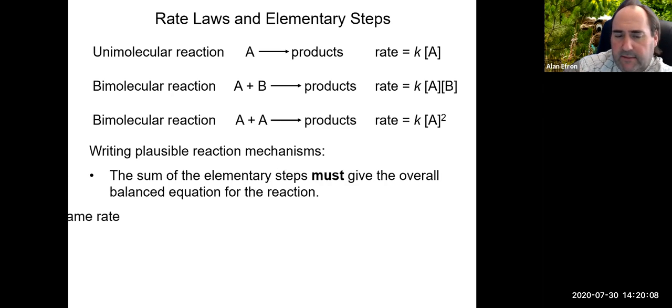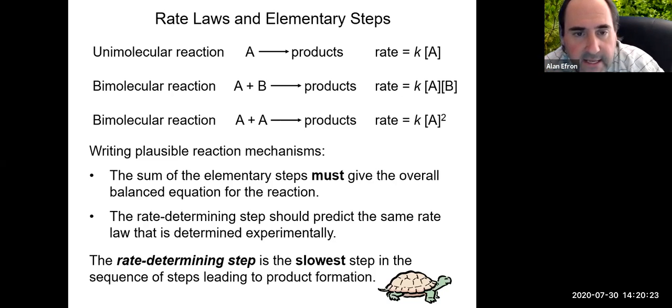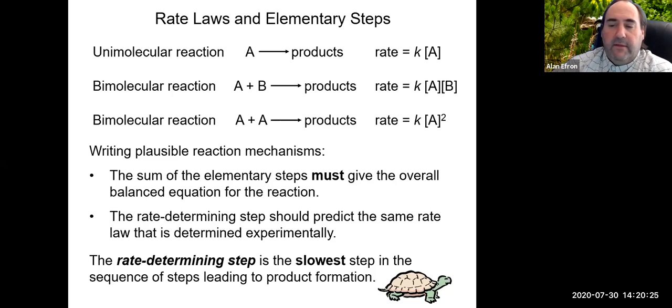The first one is really important: when you take all those elementary steps and add them all together, you cancel out whatever cancels out on each side. You need to be left with, obviously, the overall reaction for whatever you're looking at.